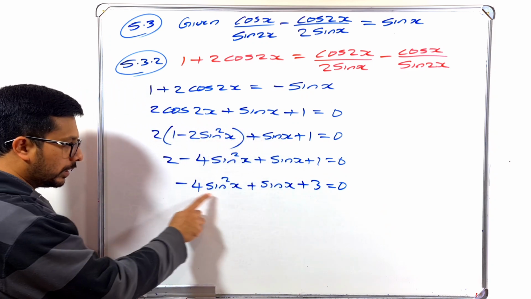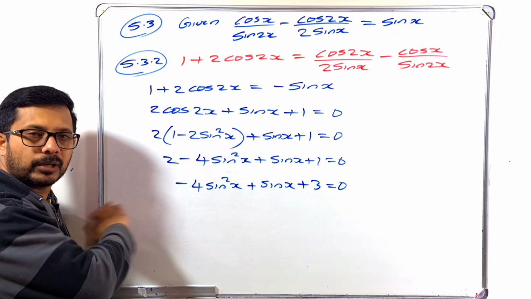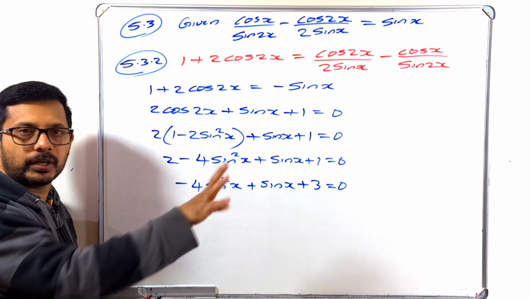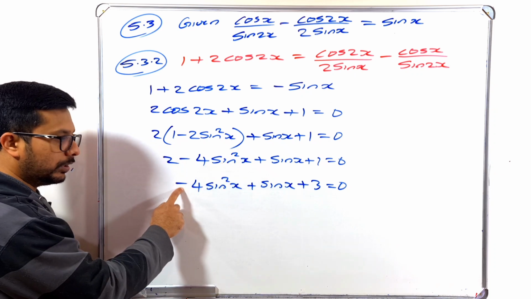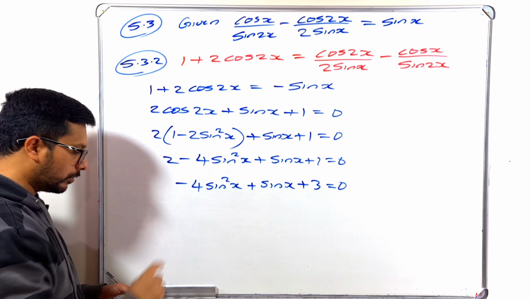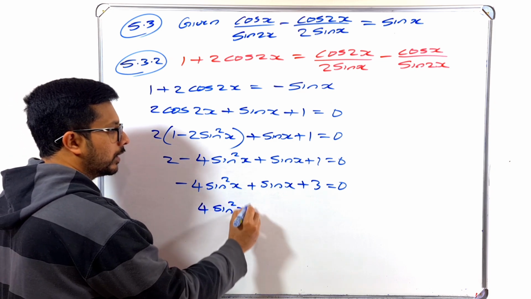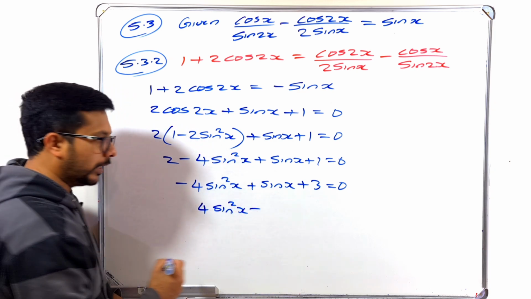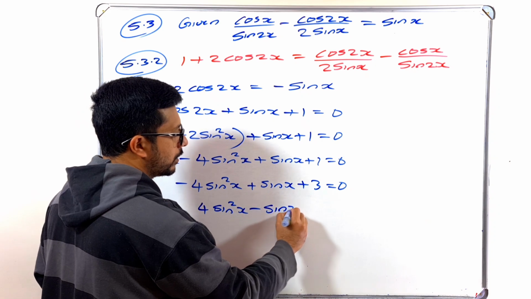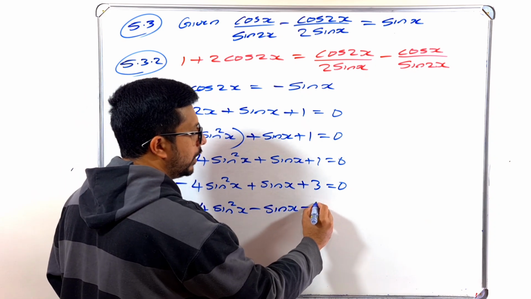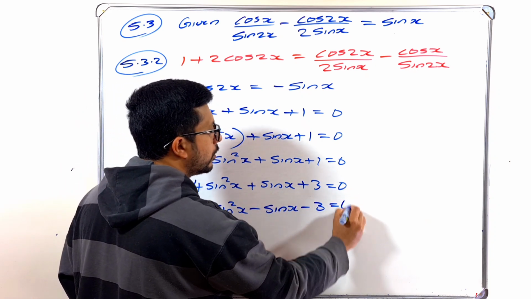Here it is minus, so I am going to multiply throughout by minus to convert this into positive. So 4 sin square x minus sin x minus 3 is equal to 0.